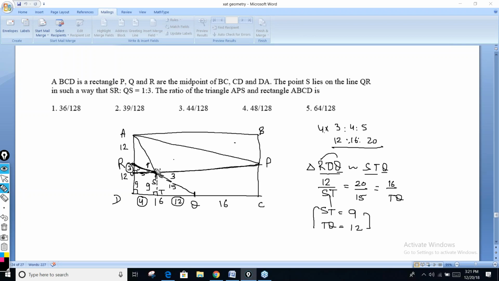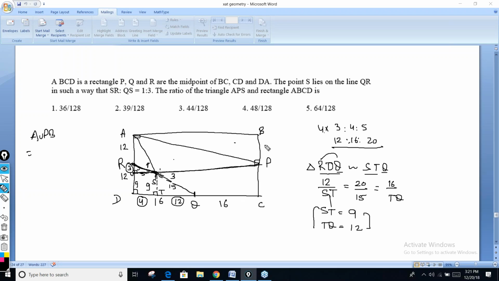Or what we can do, we can find the area of this triangle and this triangle. Look at this, AUPB. What is the area of AUBP? That angle is 90, that is 90, that is also 90, so that will also be 90. So all four angles are 90.